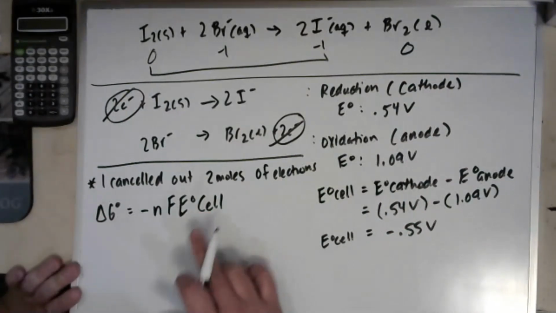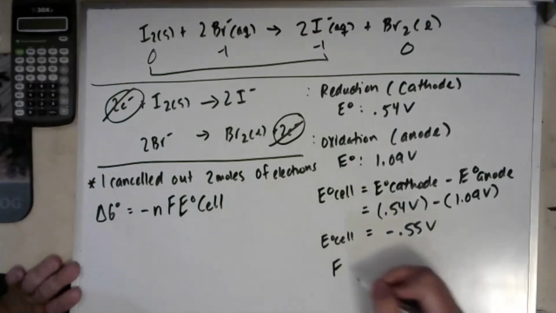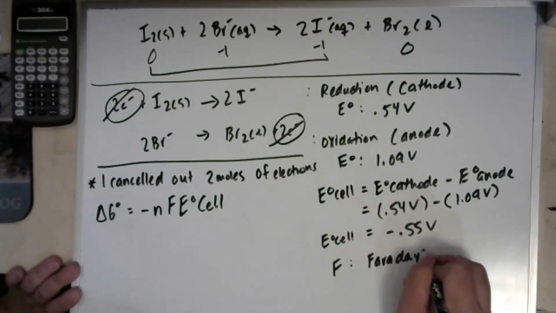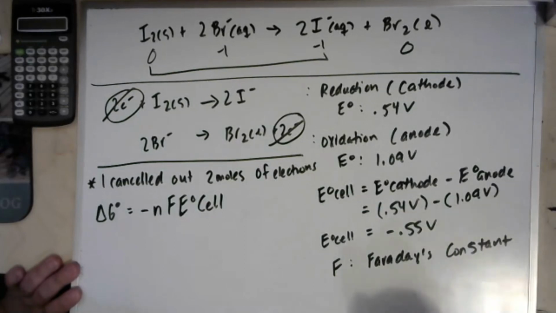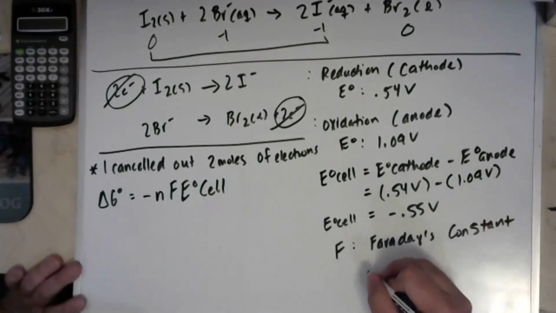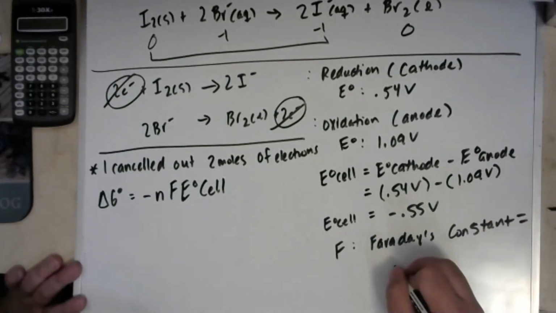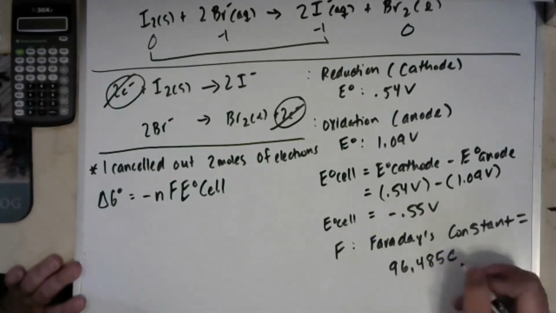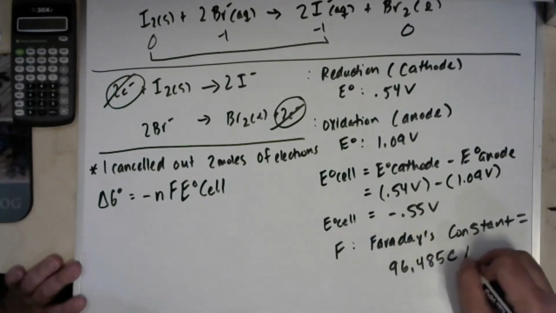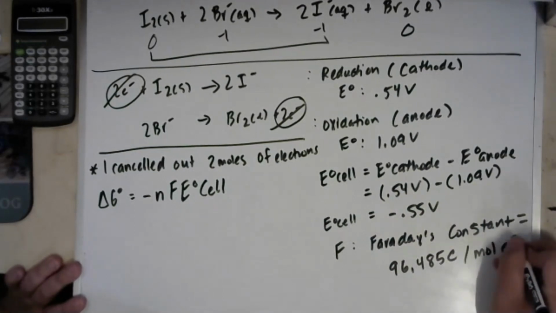Your F value is Faraday's constant, 96,485 coulombs per mole of electron.